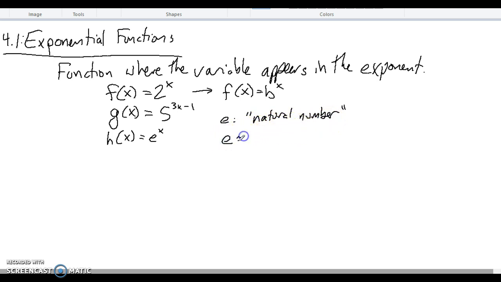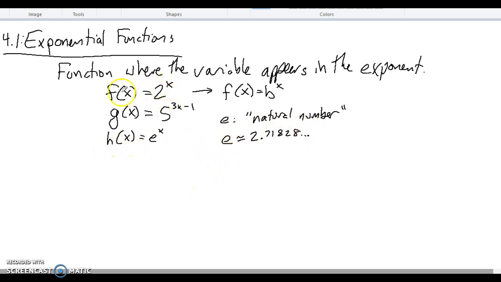It is approximately 2.71828, but like pi, which you're more familiar with, the decimal keeps on going and never starts repeating. Section 4.2 will focus on exponential functions using this as the base.